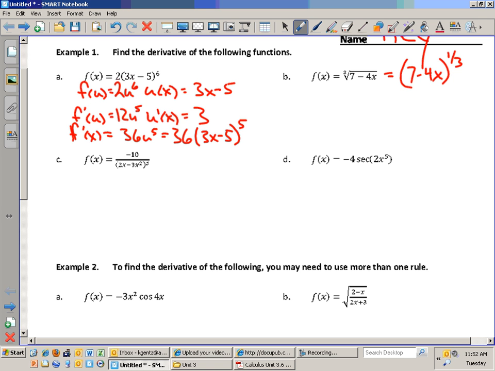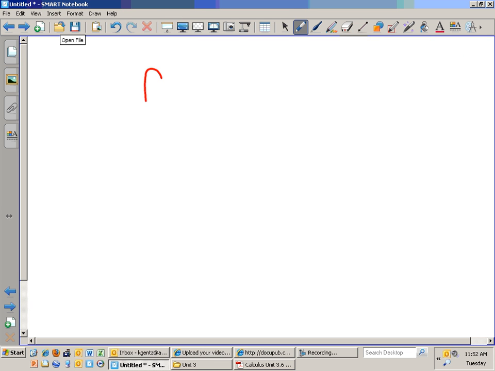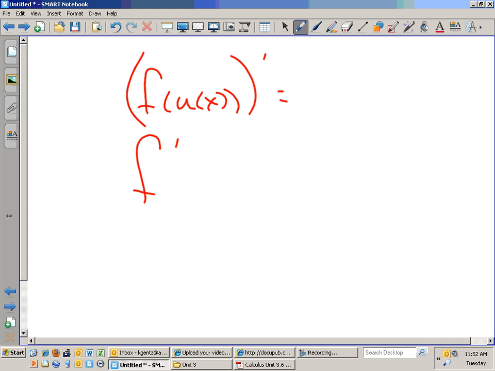Okay? Start with this. Realize that the nature of the chain rule is this. F of u of x, if we were to find the derivative of that, it's equal to f prime of u times u prime of x. So the quick way to think about that is this.